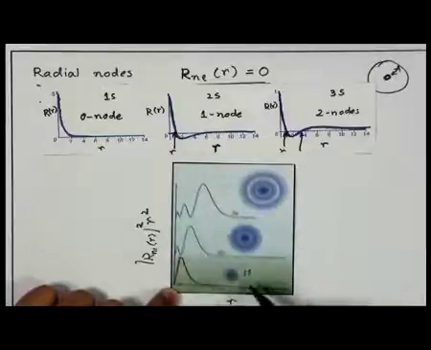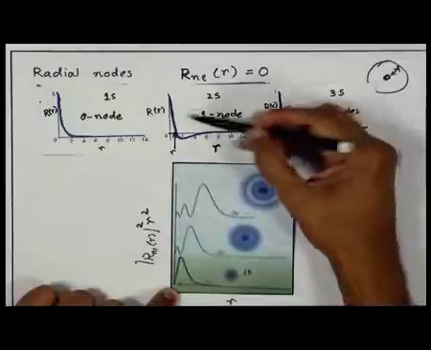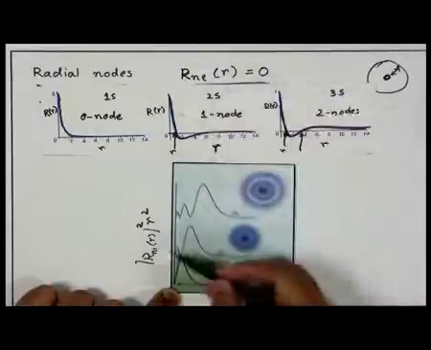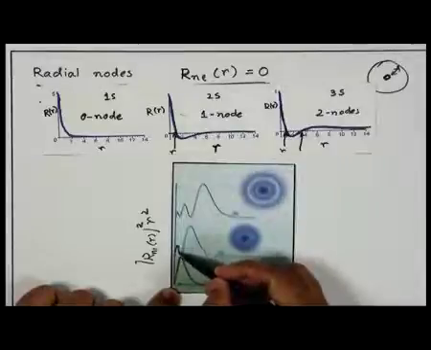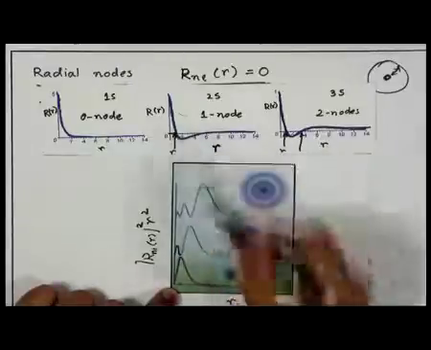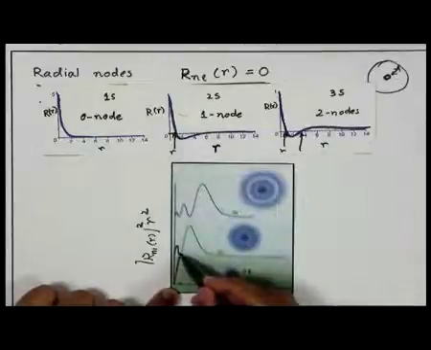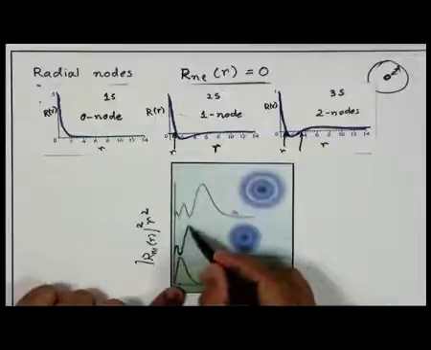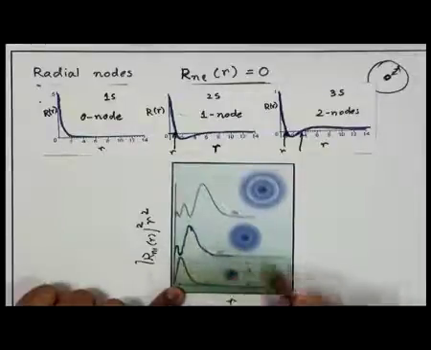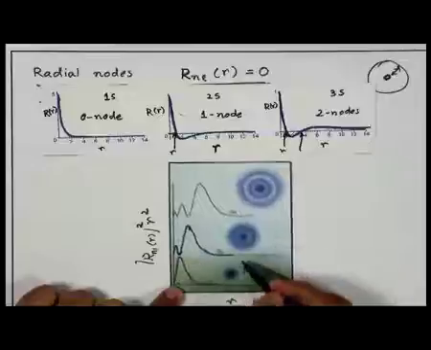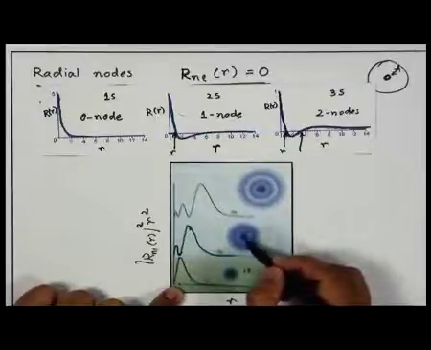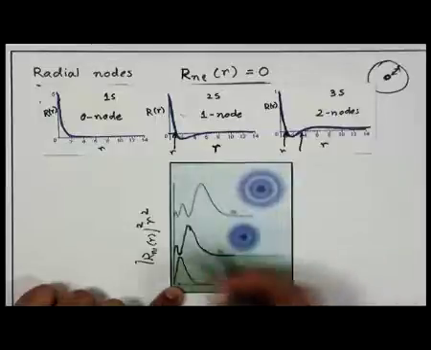Now, when I go to 2s, since the radial wave function look like this when I take a square, I see first it goes like this, and then I have this point which is a node. So, the probability density becomes 0, and beyond that again I see another. What does that mean? When I plot in this way, I see that in the center there is a density, probability density.